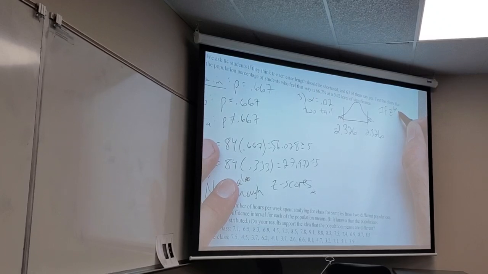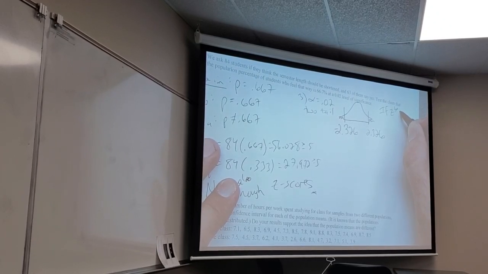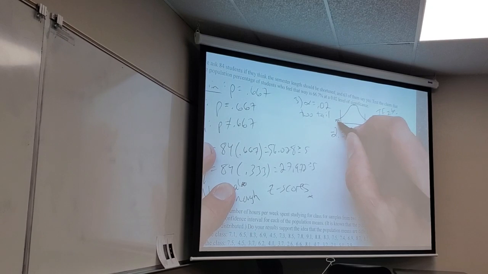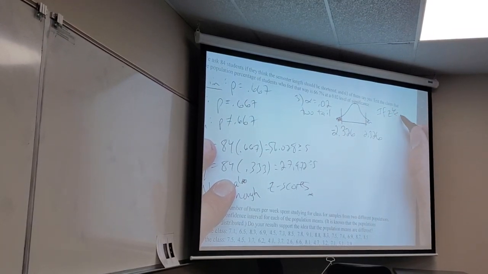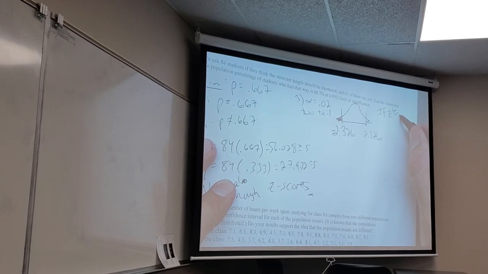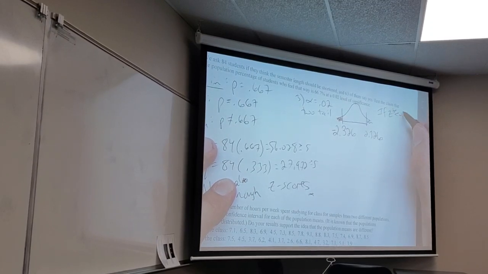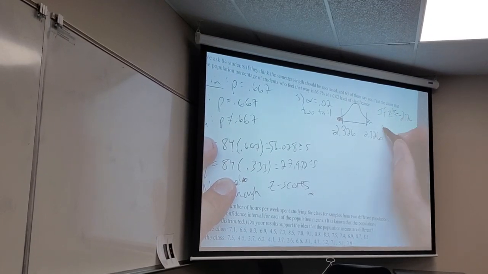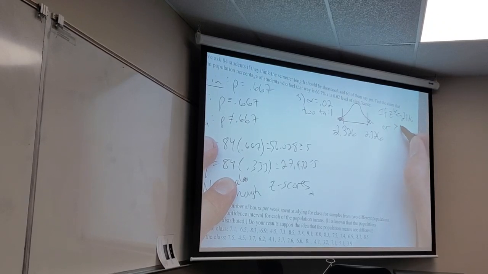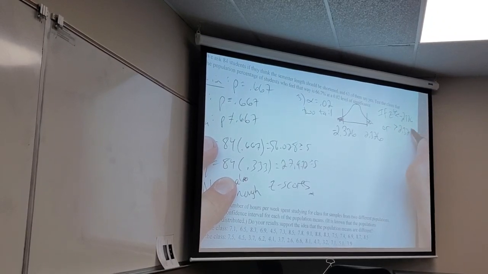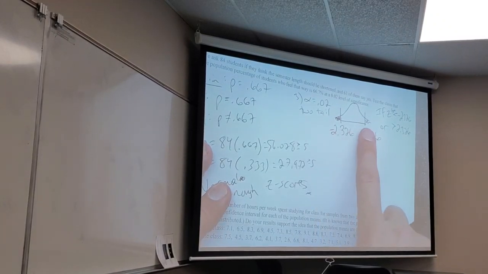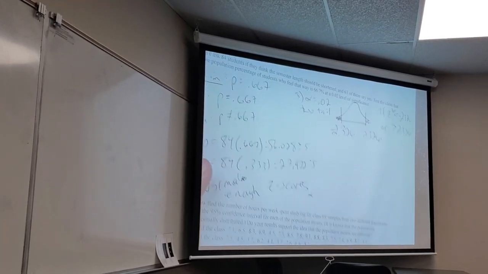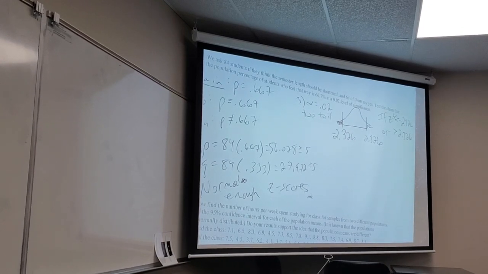Go ahead, you can talk. If z star is, how do we get in here? Less than what? Negative 2.326 or greater than positive 2.326, right? So it's got to be either less than negative 2.326 or greater than positive 2.326, so it doesn't end up in the middle.